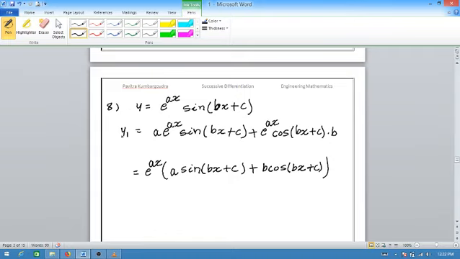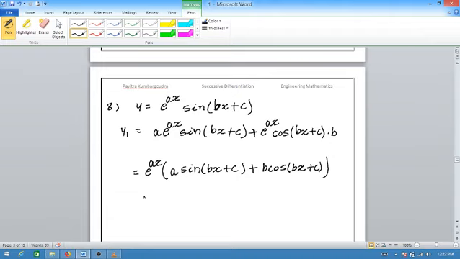So here if you observe, this is the product function. So y1 contains how many terms? 1, 2 terms. If I differentiate one more time, y2, again you have to apply the product rule, you will get two terms, and here also you will get 2 terms. So that is totally 4 terms. So y1 contains 2 terms, y2 contains 4 terms.